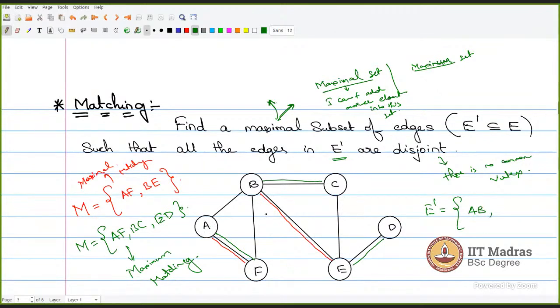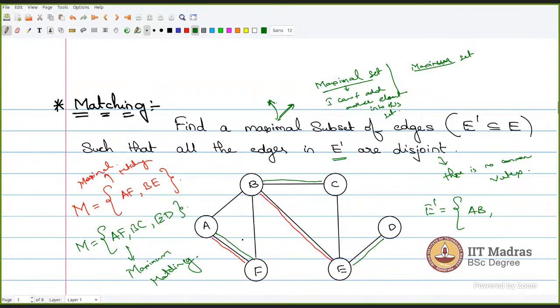Once I choose AB as my first edge, I cannot choose AF into my matching set because these two are not disjoint. Similarly, BF also I cannot add because AB and BF share a vertex. Similarly BC, BE.